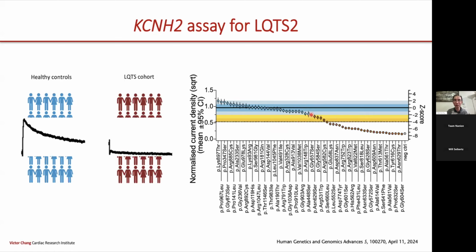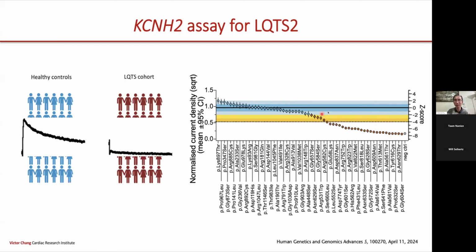As you can see, for the 30 pathogenic controls here, most of them have a large effect size, so they are much more than four standard deviations away from the population mean. And some of them are partial loss of function because it's a continuum. You don't suddenly just drop off.